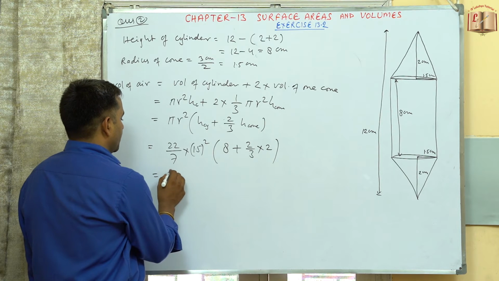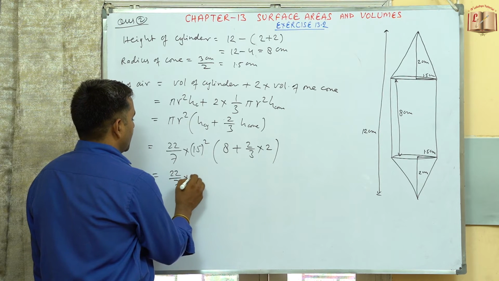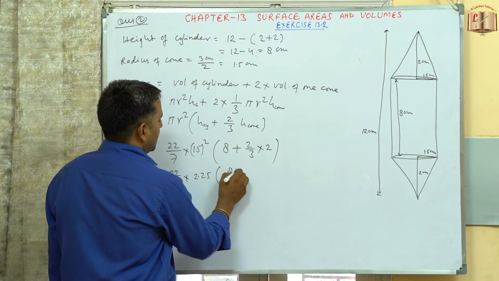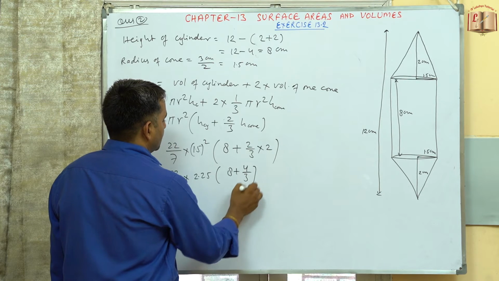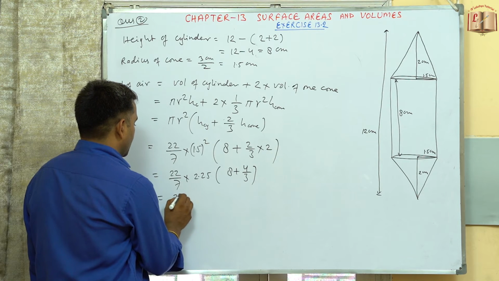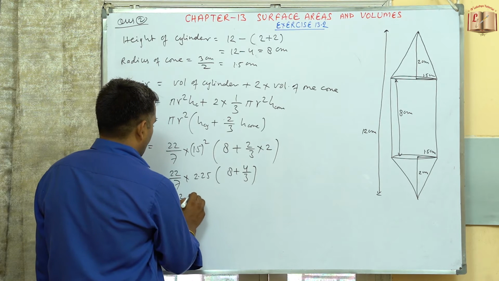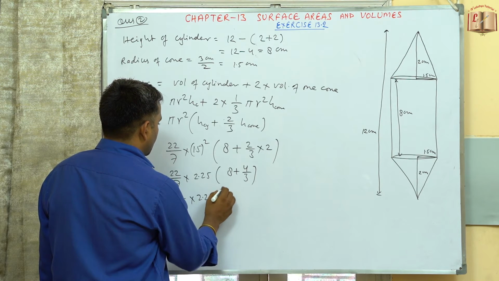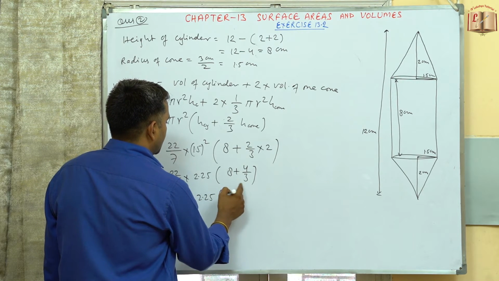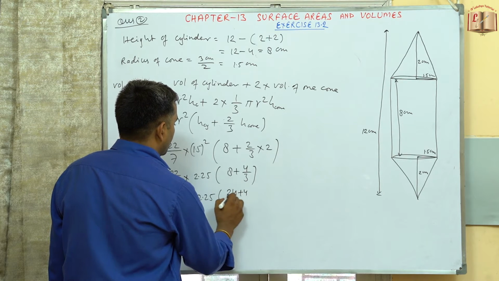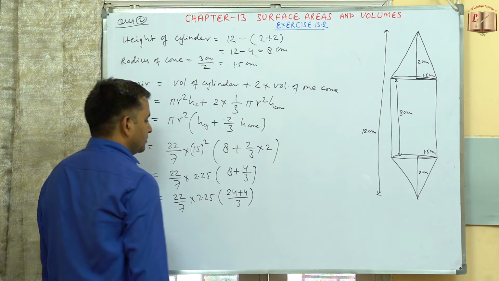So now we can simplify. This is 22 by 7 into 2.25, then this will be 8 plus 4 by 3. So this will be 22 by 7 into 2.25 times, we can add up. So this will be 24 plus 4 by 3.